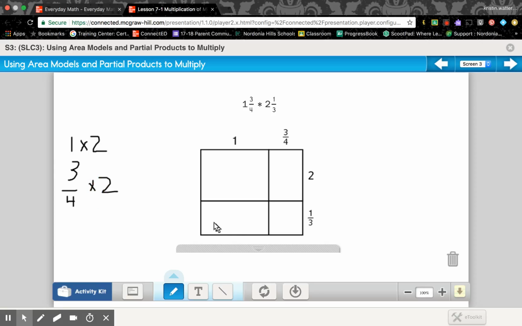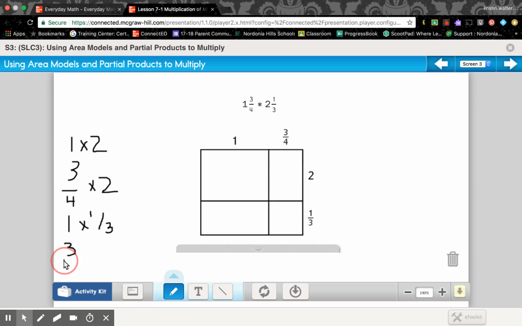And when I come down to this row, I'm doing 1, because it's still in 1, times 1/3. And then our final box is going to be 3/4 times 1/3.